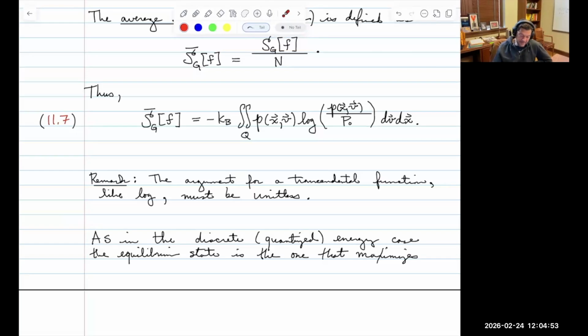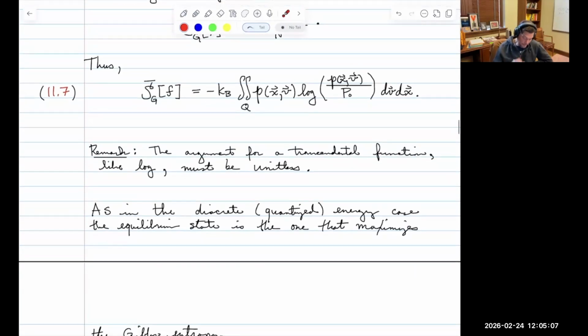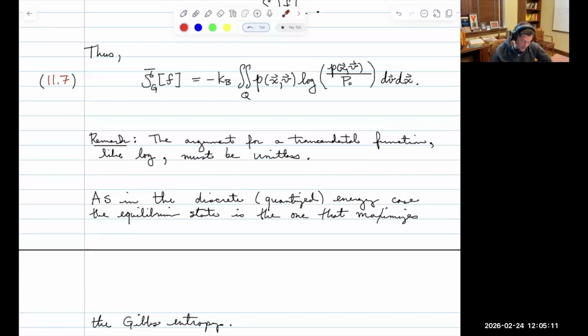So I can always, through an additive constant, change the argument. It doesn't change things fundamentally, but I do like to keep track of that. Now, once we get to the so-called continuous energy partition function, we'll see that this normalization factor plays another important role.